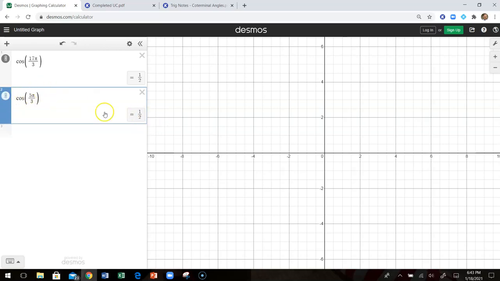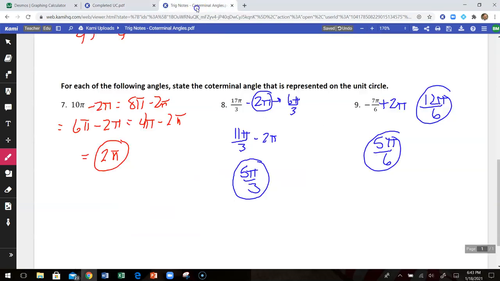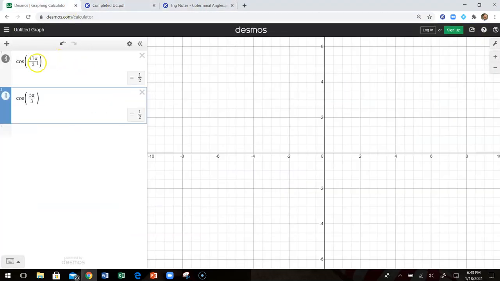Now that is something you know. If you know the unit circle, you're like, okay, cosine of 5 pi over 3, x coordinate, if I'm doing cosine, that's 1/2. We found that 17 pi over 3 was coterminal with 5 pi over 3, so if I want to know the cosine of 17 pi over 3, I need to figure out that it's coterminal with 5 pi over 3.